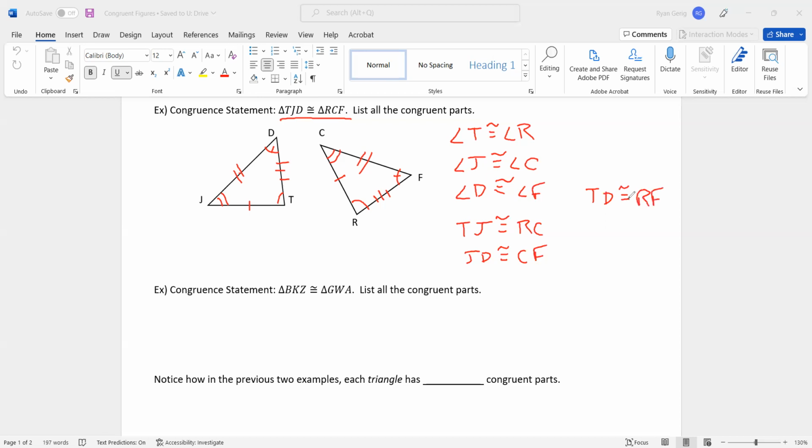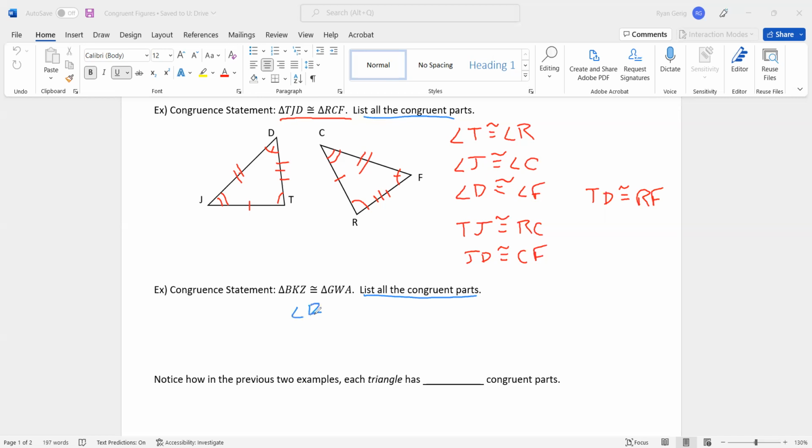So I could use the picture to do that. In the next problem, I didn't give you a triangle, so instead of using the picture, I'm going to use the actual statement. Notice it's the exact same question: list the congruent parts. You can do this without actually having triangles, because if you understand how a congruent statement works, you can start listing them out.